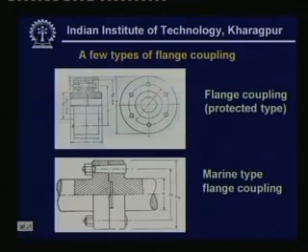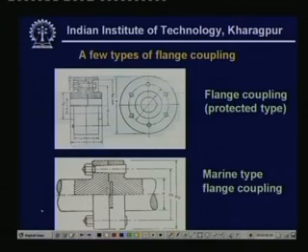Now, let us come to a few types of flange coupling. Flange couplings, you see, these are again rigid couplings, and the coupling is done by means of two flanges. What you see here is the cross section of such a flange coupling.